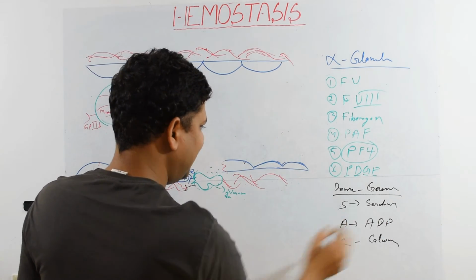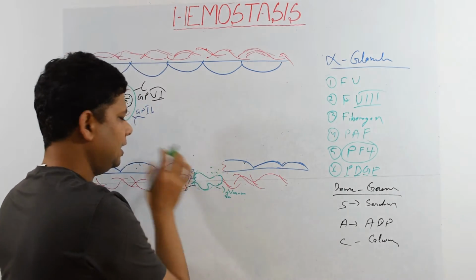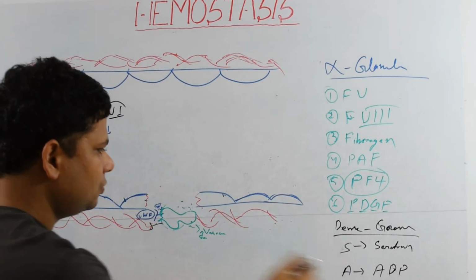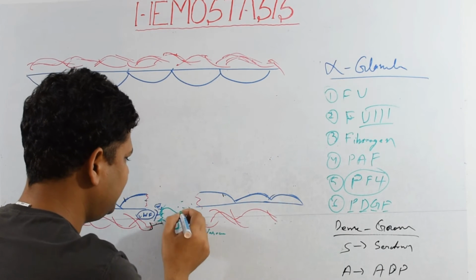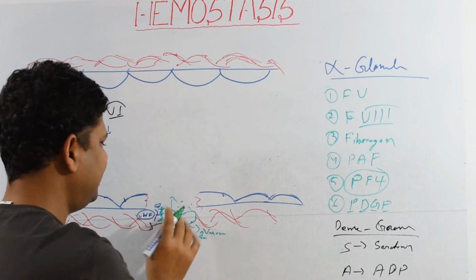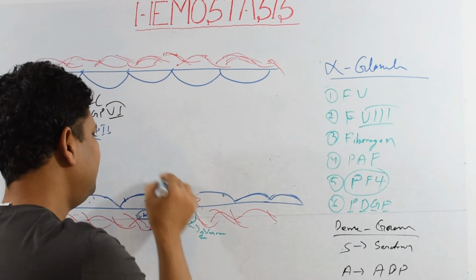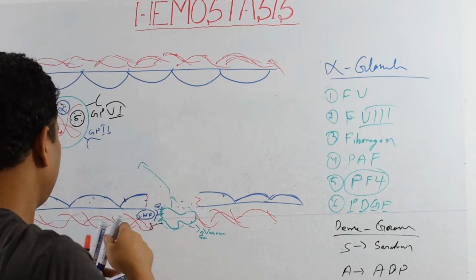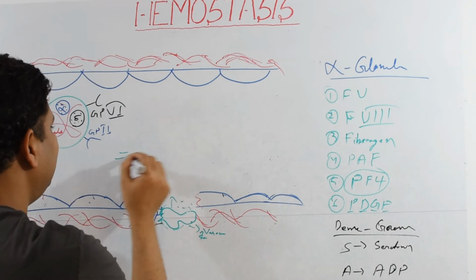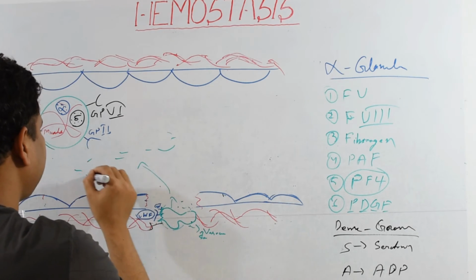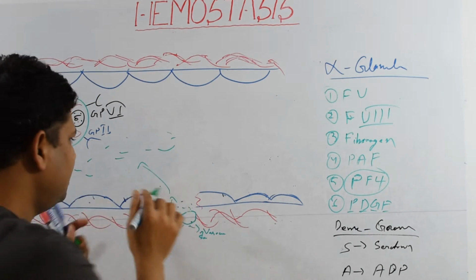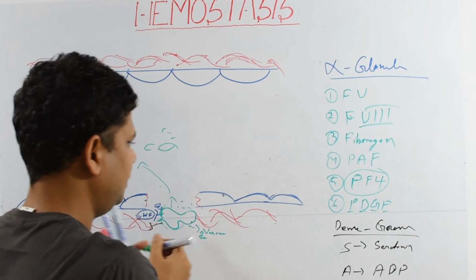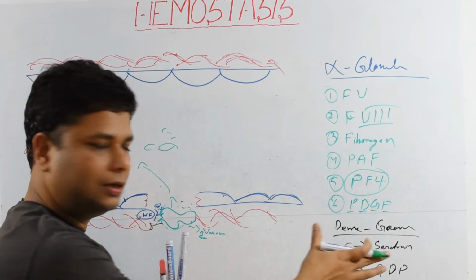And what does ADP do? ADP, as I said earlier, activates platelets. So this ADP secreted from the activated platelet will further activate more platelets. There are several platelets present in the blood, so they will activate those platelets. And we'll talk about what calcium does.